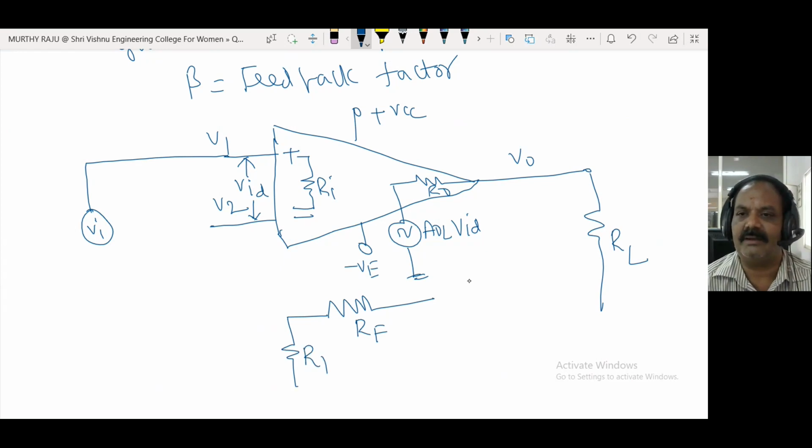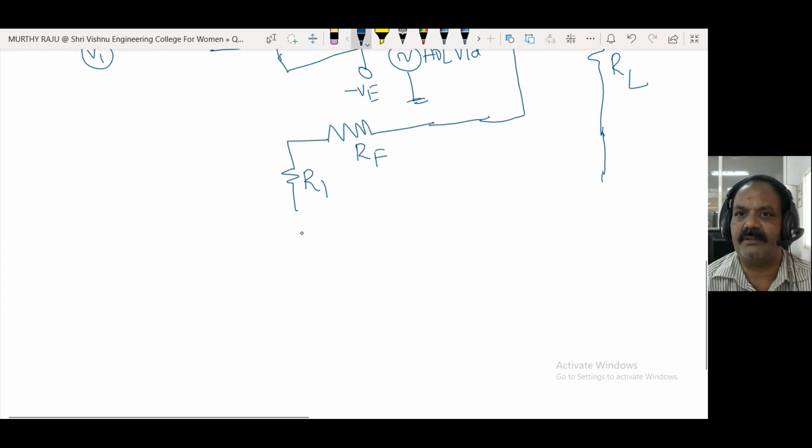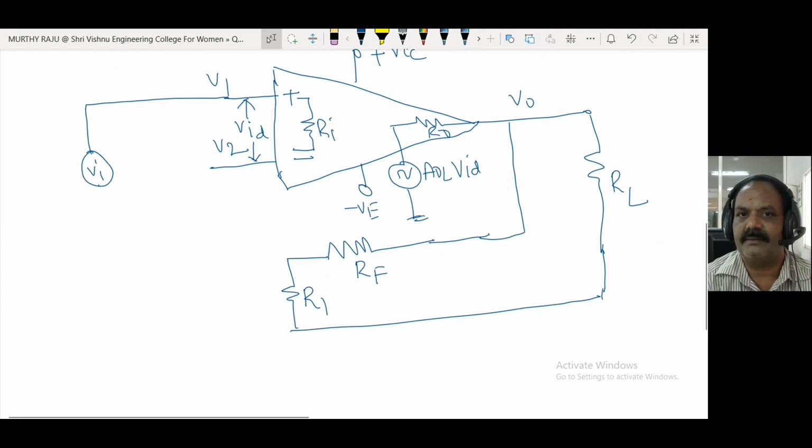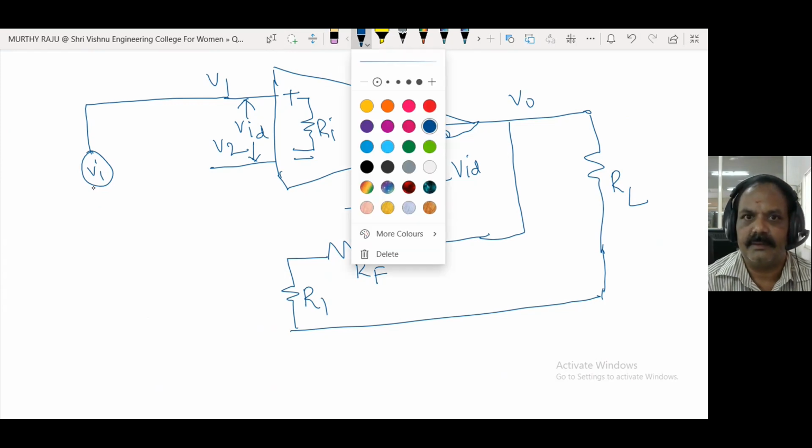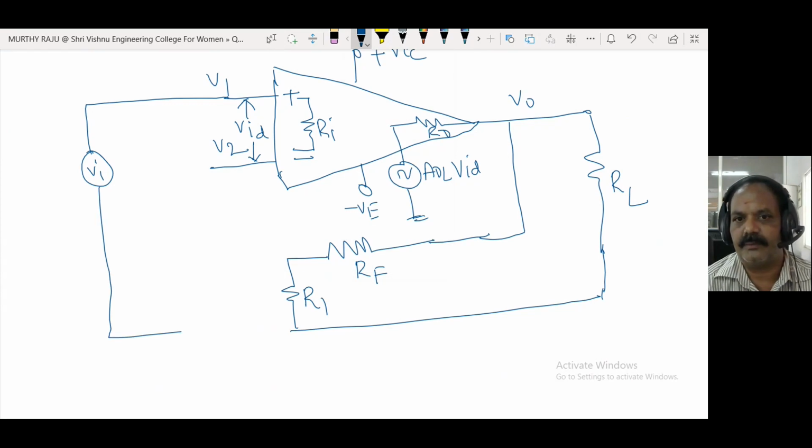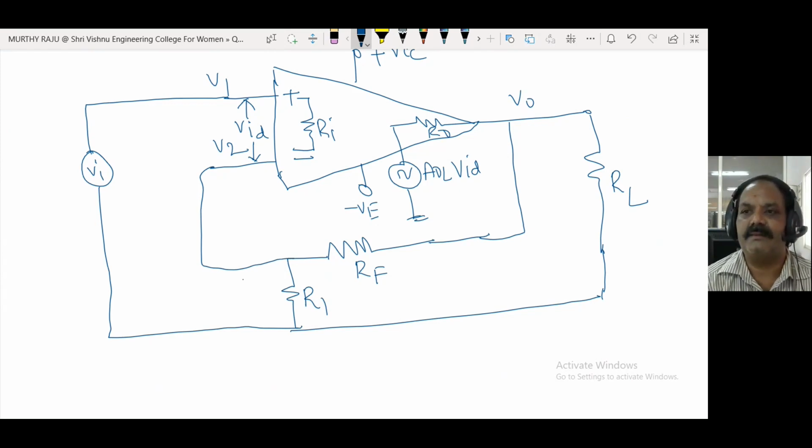This RF is connected here, and R1 is connected to the other end of the load resistance. Finally, V2 is connected to the feedback point. This is the VF voltage. This one is V0 here.